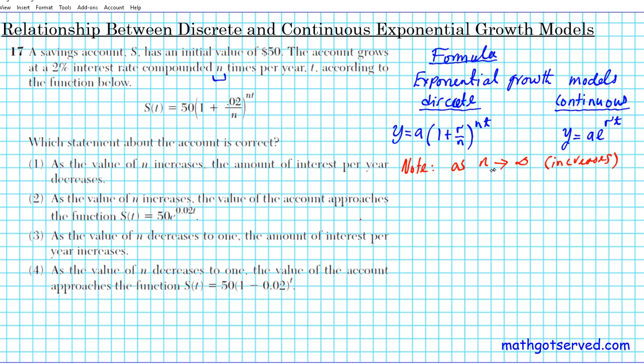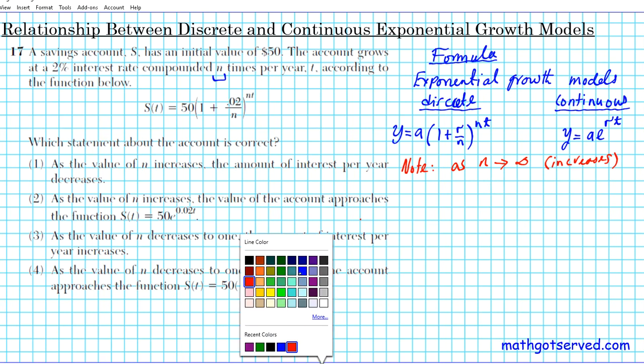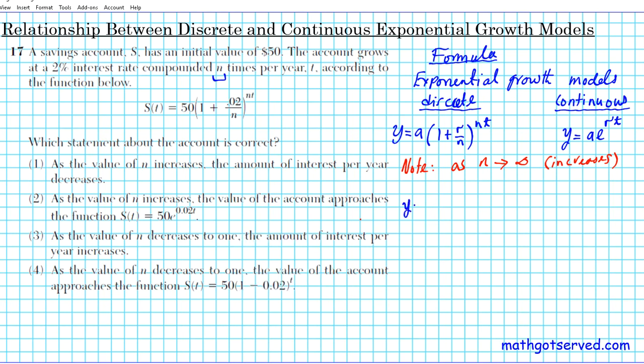As n gets really, really large, the formula on the left, y equals a times 1 plus r over n to the nt, is basically going to become the formula on the right. The discrete becomes the continuous. That's why they have their names, discrete and continuous.